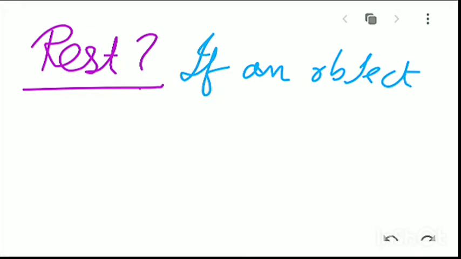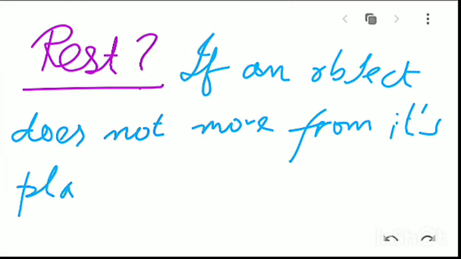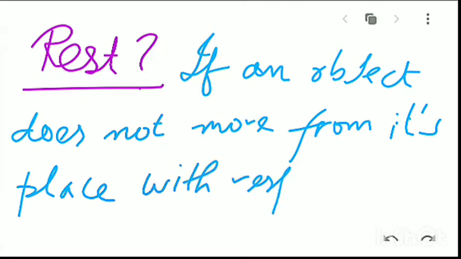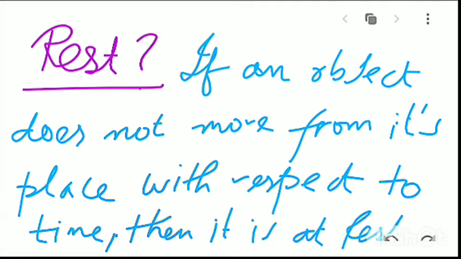If an object does not move from its place with respect to time, then it is at rest. I hope this is clear.